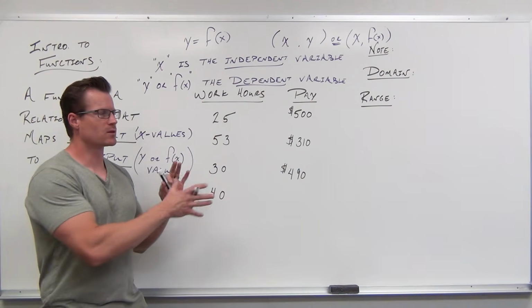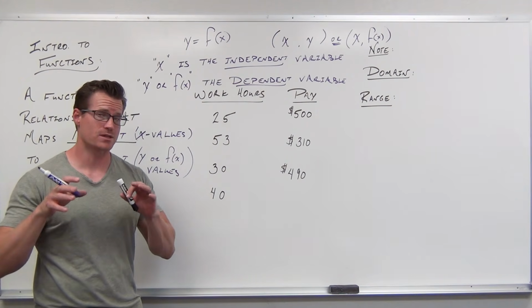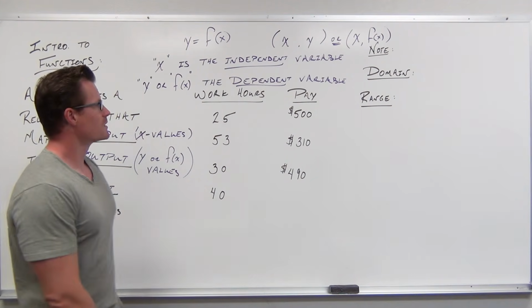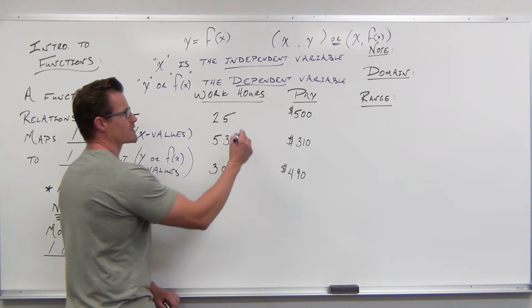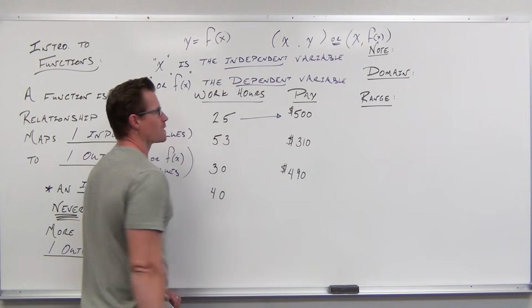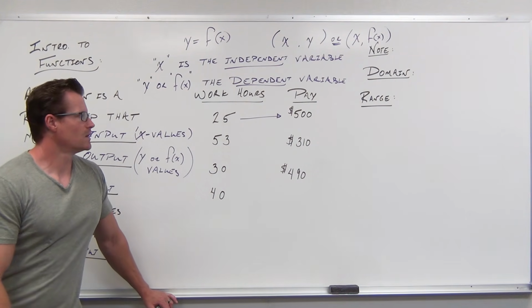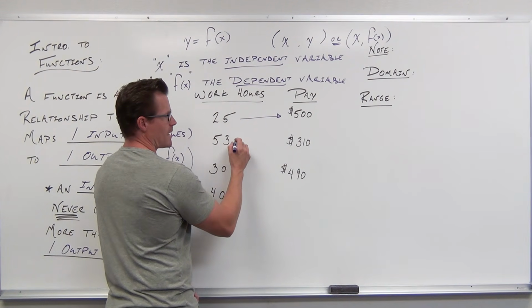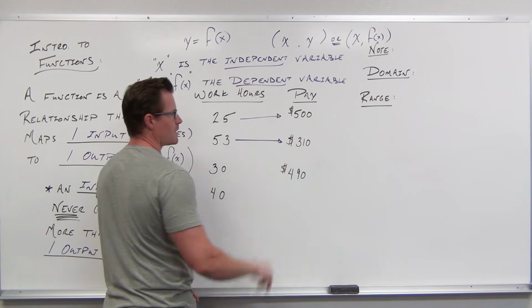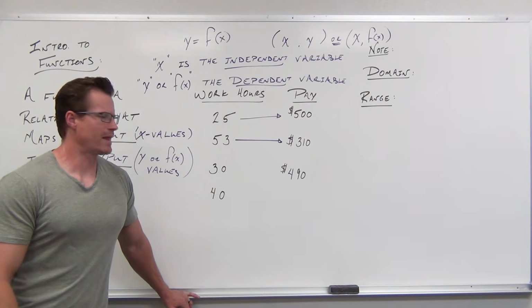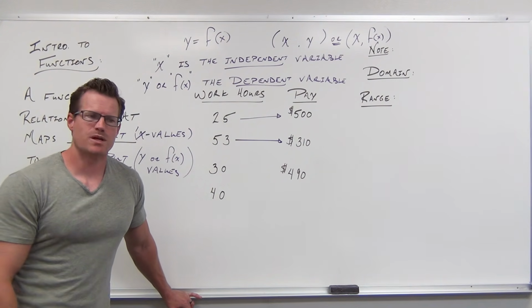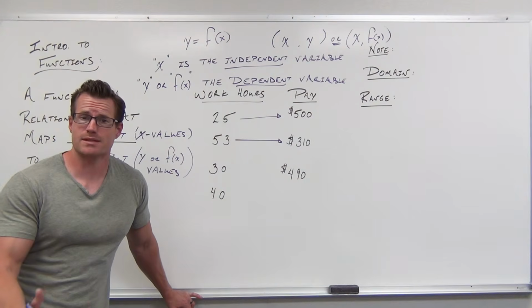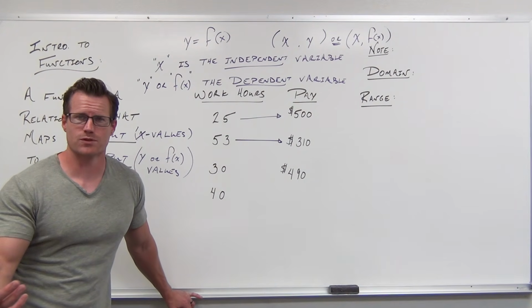So I want to make a little relationship here, and we're going to determine whether this is a function or not. So some guy works 25 hours and makes $500. Another person works 53 hours and only makes $310. At first glance, you might be going, well, that's not right. Well, do people have different jobs? Do you make the same rate as everybody else for doing different jobs?